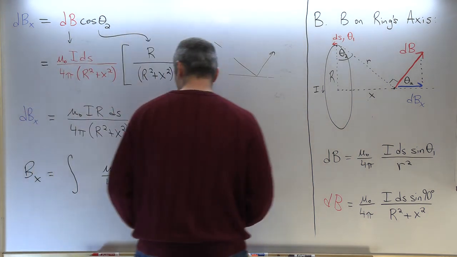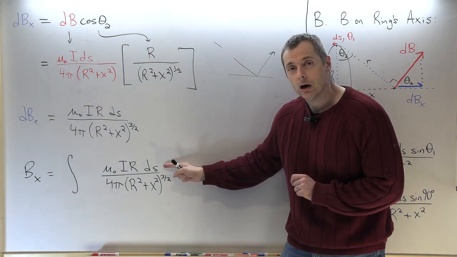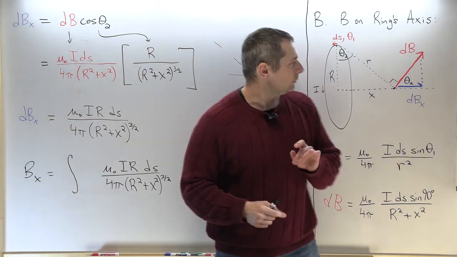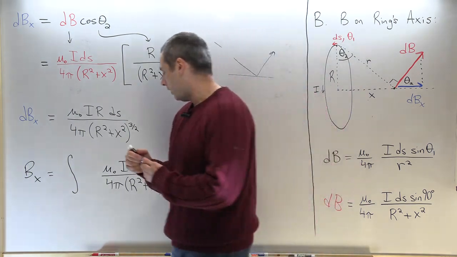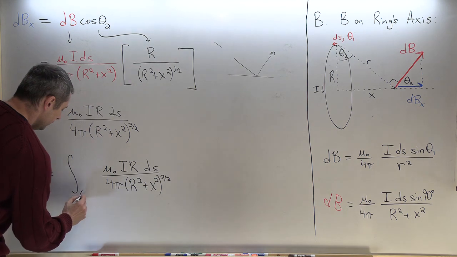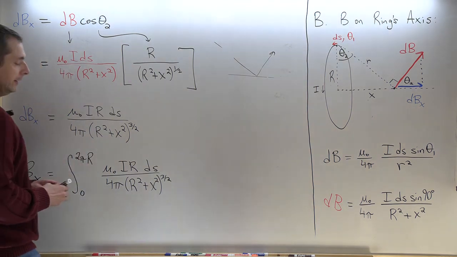Okay. Now, what are the limits? Well, again, I'm integrating the arc length. And I'm integrating around a circle. Once again, the limits are 0 to 2 pi r around the ring. All right?